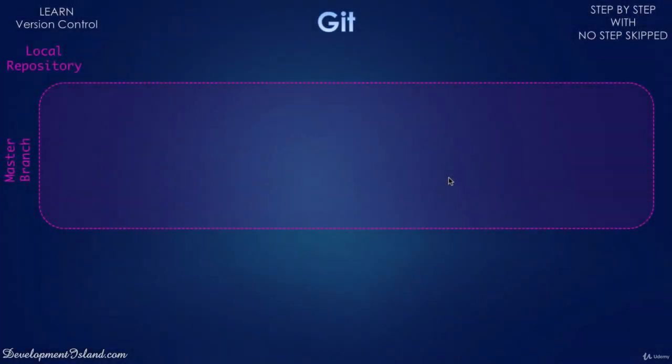Now let's understand how Git works in a more visual way. So for now, we're going to focus on our local Git repository, and we're going to be looking at the master branch. So for now, you don't have to worry about the branching concept, as we're going to be covering it later.